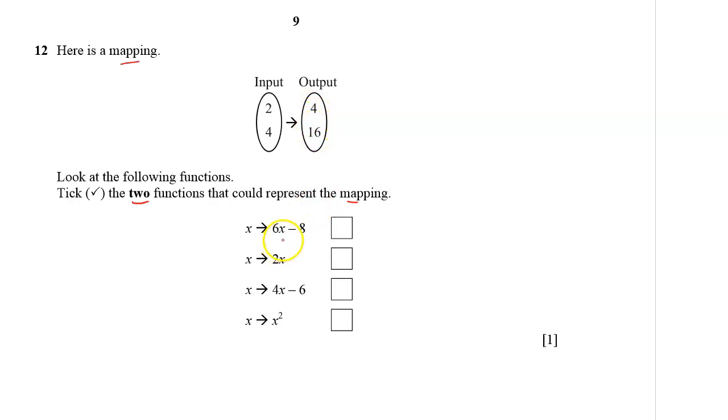So if x is 2 here, then this becomes 6 times 2 minus 8. Therefore, 6 times 2 gives us 12. 12 minus 8 gives us 4. Therefore, this is true. If we input 2, we get out 4. Therefore, this function here is correct.